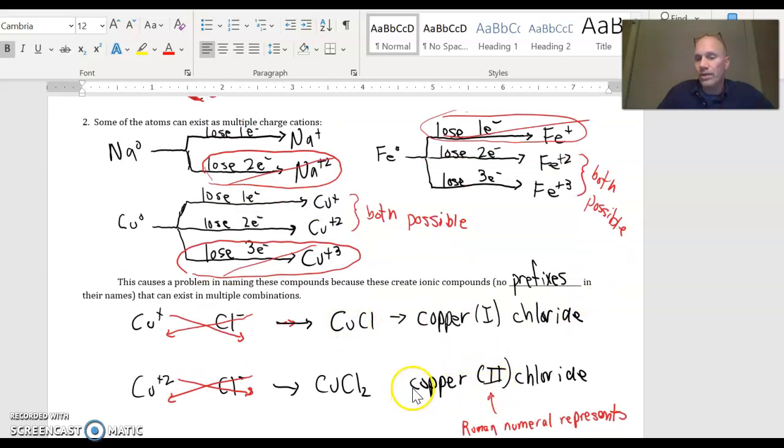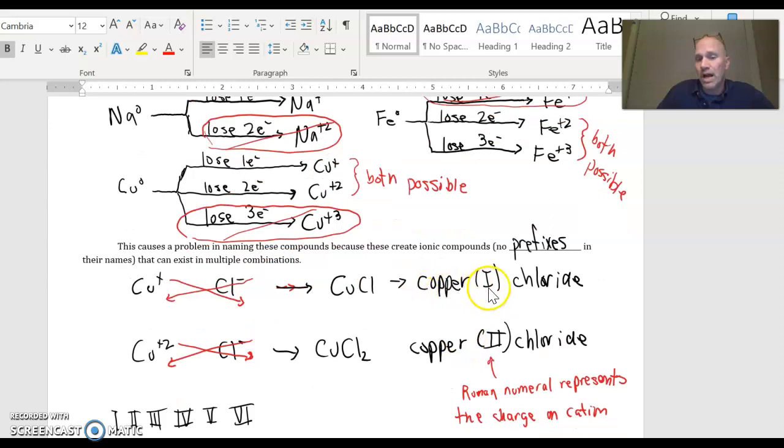The way that we deal with this is we include a Roman numeral as essentially like a middle initial in the name. All right, so both of the compounds would be copper chloride, but this one right here has a Roman numeral 1 in the middle, and this one right here is going to have a Roman numeral 2. And what that Roman numeral represents is the charge on the metal cation.